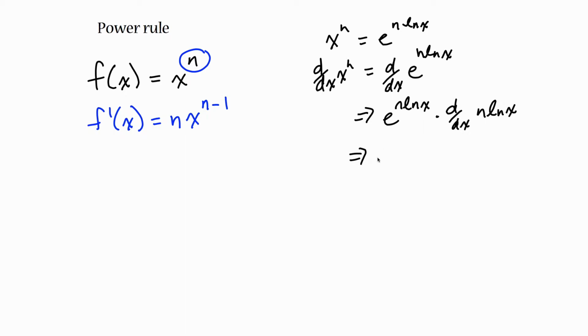Which, by the rules of derivatives of logarithmic functions, we know is just going to be n over x. Going back to the beginning, e to the n ln x is equal to x to the n times n over x, which gives us n times x to the n minus 1, the power rule.